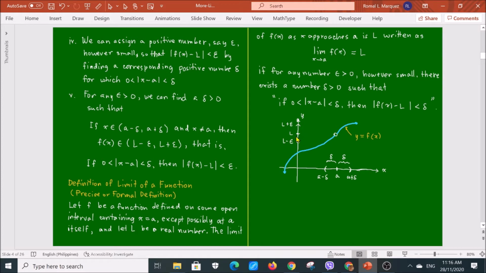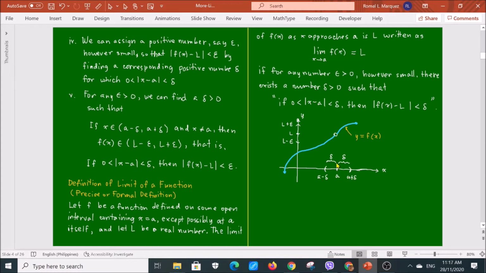So, give me a positive number epsilon. I can always find a delta that will correspond to that, no? I can always find a delta that will make your f of x have a limit at L, by making your delta small.